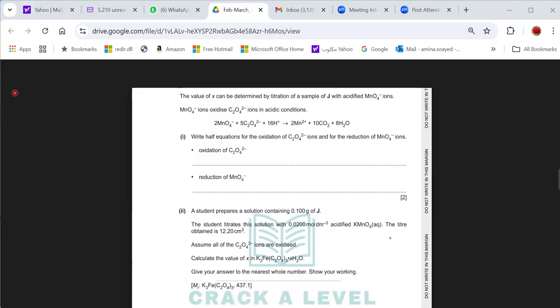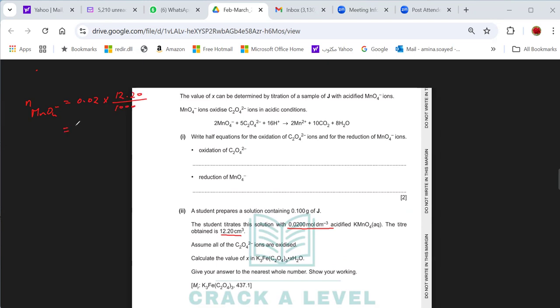So as we all do, whenever we have a titration, we have to get first the number of moles of the potassium manganate by which we titrated the ethanedioate ion. So the number of moles of the manganate ions will be the concentration, which is 0.02, times the volume, which is 12.2 over 1,000.